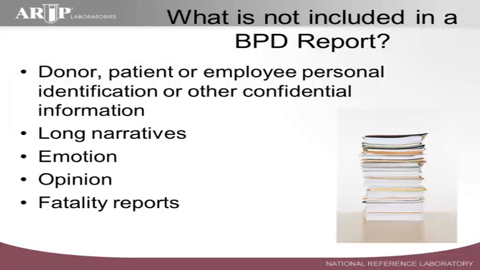And then what's not included is donor patient information. We'll say he, she, the donor failed to mention that he had been in the military, just basic he, she information. We don't go into long narratives like this was this big story and then this happened and this happened and this happened.